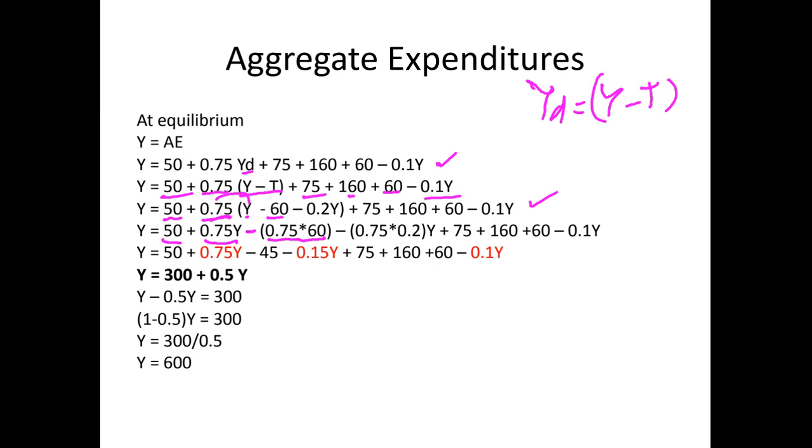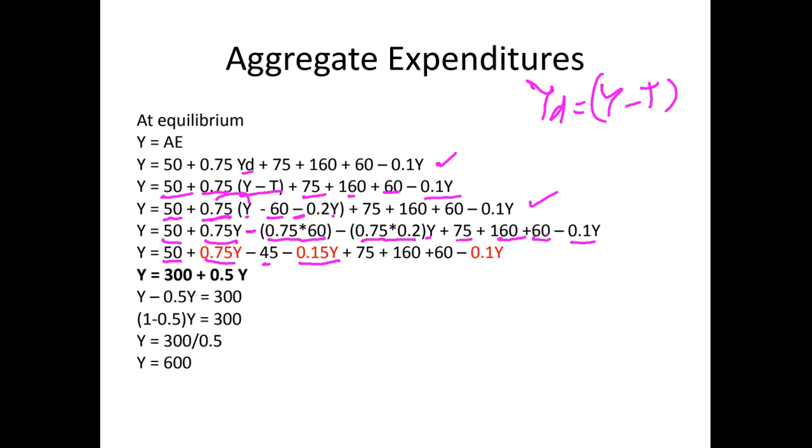And then this is also minus, so 0.75 into 0.2, and then this Y, and this Y. 75, 160, 60, same. Once you open this bracket, you can solve. Just multiply. So 0.75Y minus 45. If you use your calculator, 60 times 0.75 is 45. Then 0.75 multiplied by 0.2 is 0.15. 75, 160, 160, and then 0.15.